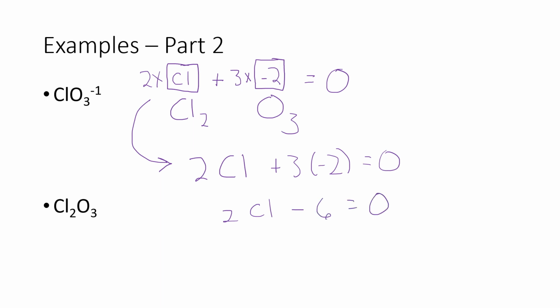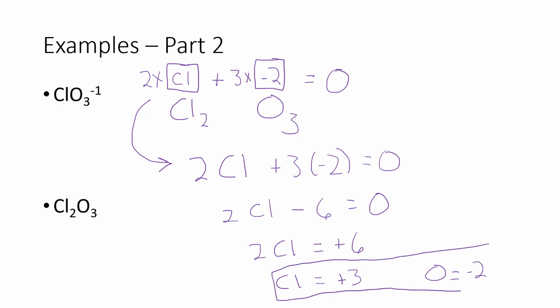I'm going to add 6 to both sides of this equation, and I'm going to get 2 times oxidation number on chlorine is equal to a +6. Then to get chlorine by itself, I'll divide both sides by 2, so I'll get chlorine is equal to a +3. And by rule, we had that oxygen was -2. So those are the oxidation numbers on all of the atoms in Cl2O3.